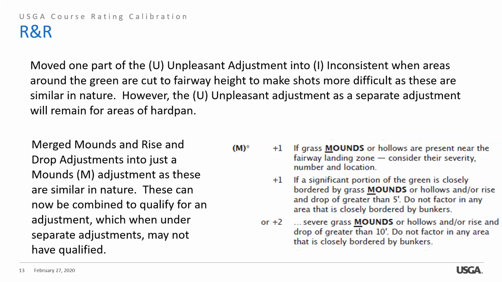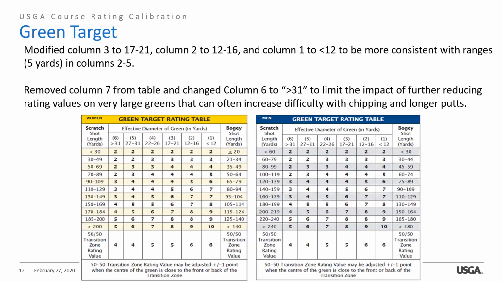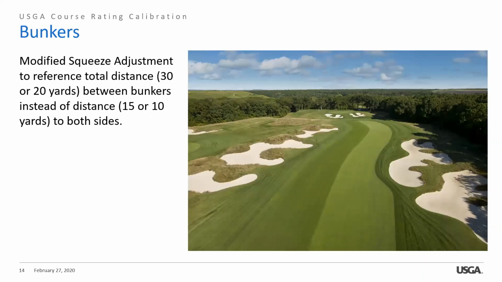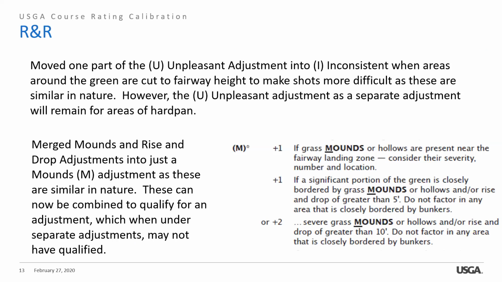Whereas the green target F adjustment we were talking about is not shot specific. There's no asterisk next to that. So anytime you see that asterisk, that's a key that it is shot specific and could be applied multiple times. We want to be conservative about applying it multiple times, but that asterisk gives us the option to do that.